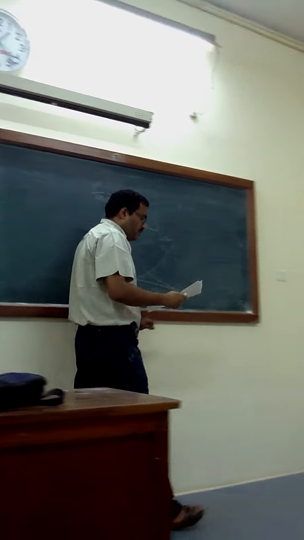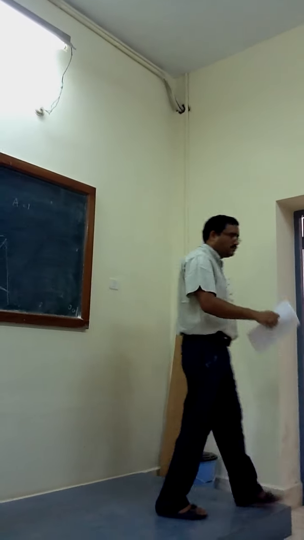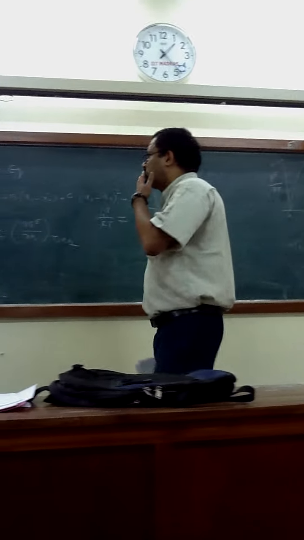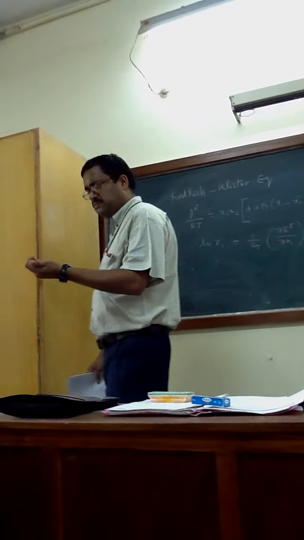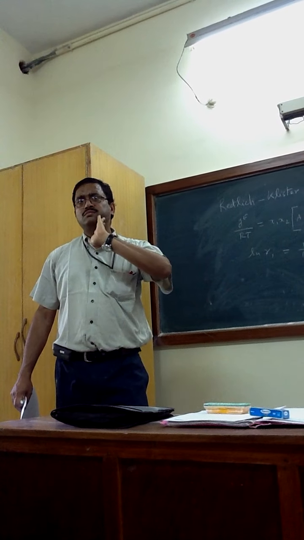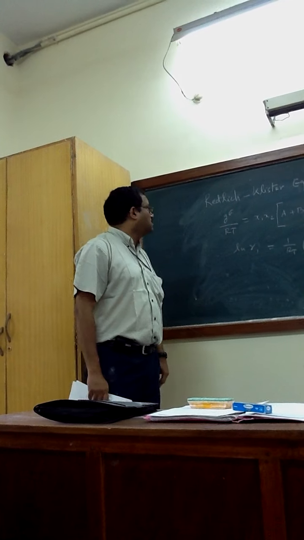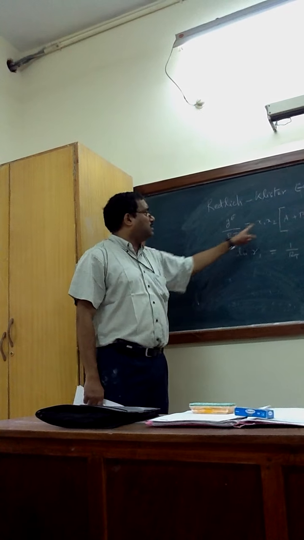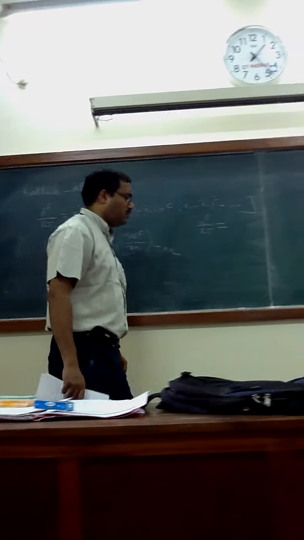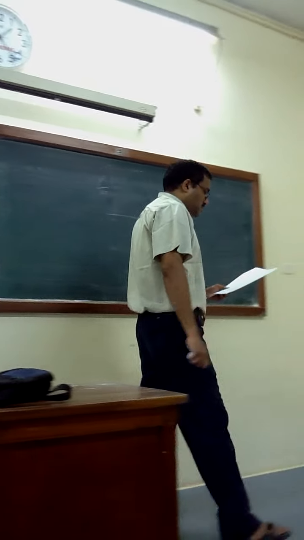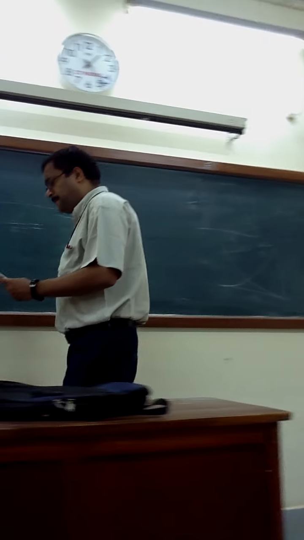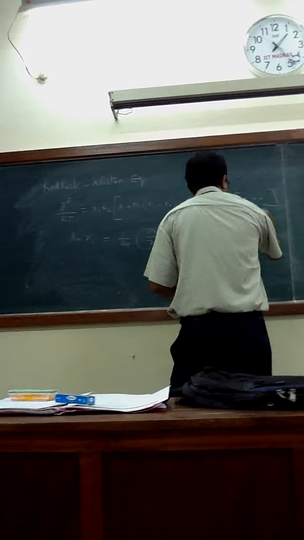What is G by RT from here? We have done this earlier. Multiply by n, you will get nG by RT. Then x1 should be replaced by n1 by n, x2 should be replaced by n2 by n. Or you can write it this way, in simplified form.